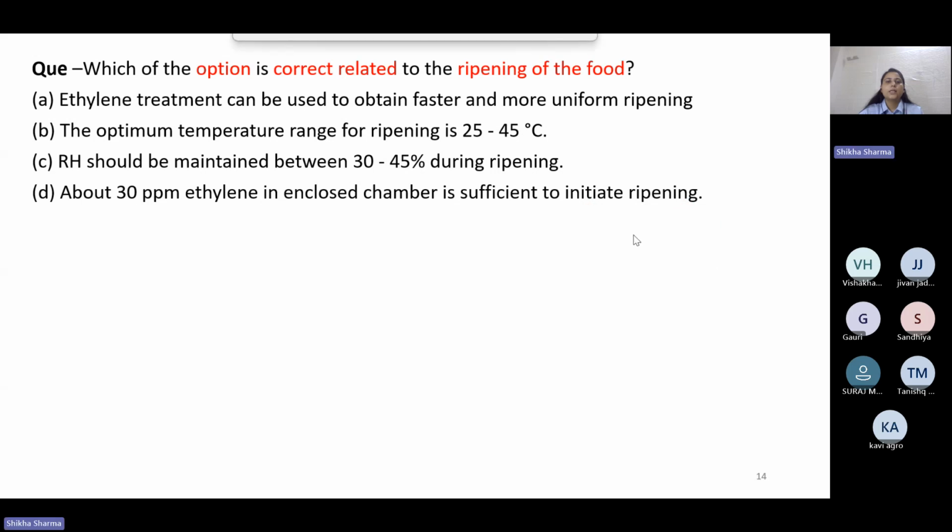So please tell me. Okay, so Vishakha is already saying that option A is correct, about ethylene treatment. Anyone else?